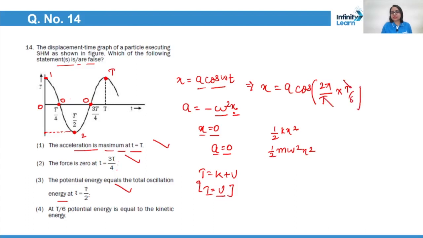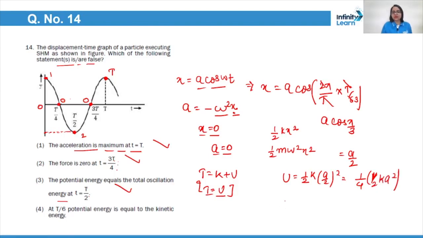This will cancel this and we have a cos π by 3. Right, a cos π by 3 is 1 by 2. So this is a by 2. Potential is half kx squared, which is a by 2 whole squared, which is 1 by 4 times half k a squared.